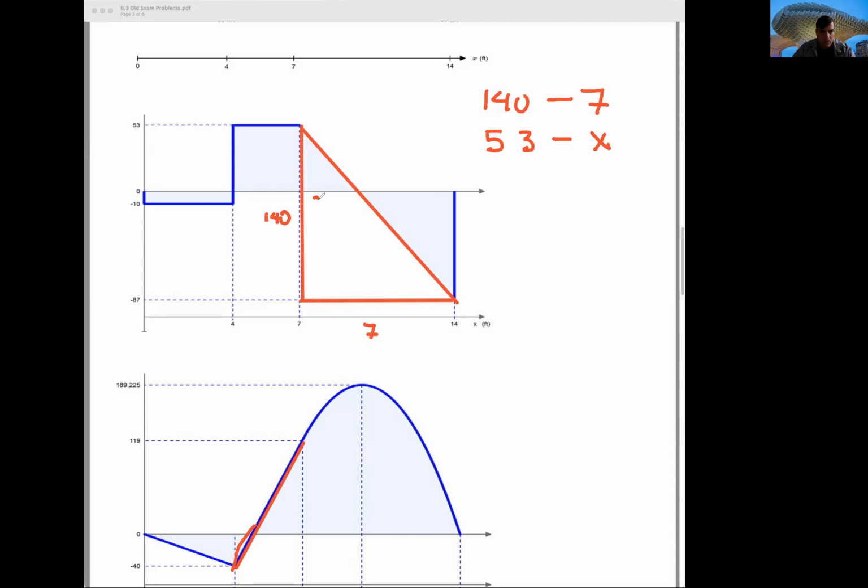You write here 2.65, and the area of this rectangle will be 2.65 multiplied by the height that we look at here, which is 53. This line is 53. Multiply by 53.